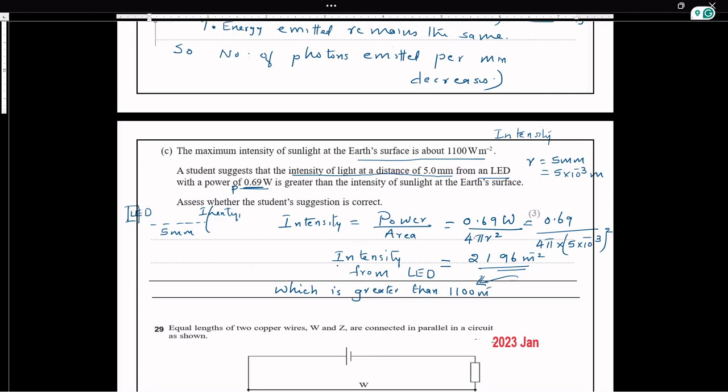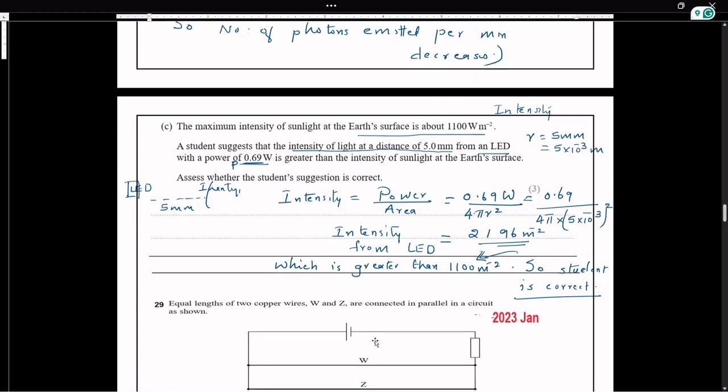Okay, so the student suggestion is correct. The student is right. The student is correct.